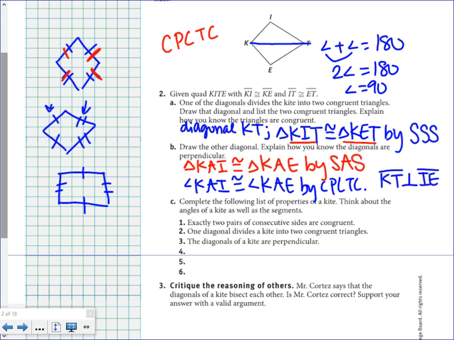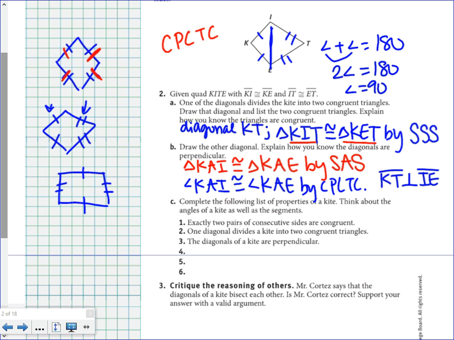Then another thing about the diagonals. So we have the horizontal diagonal. We can also draw the vertical diagonal. So that diagonal is going to cut the kite into 2 triangles, and it's going to be specific types of triangles. We know that KI and KE are congruent, and we know that IT and ET are congruent.